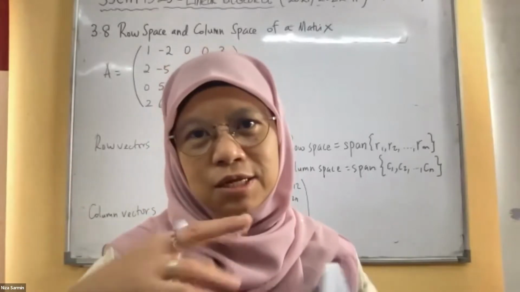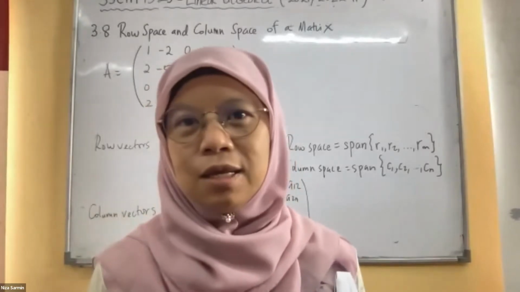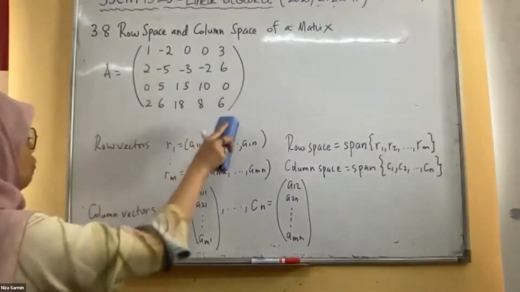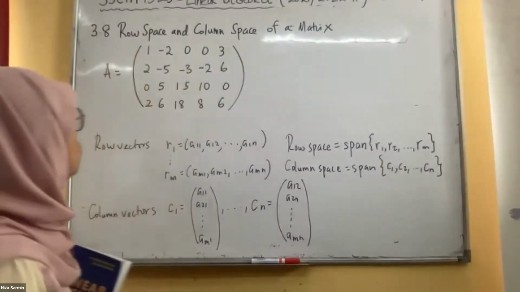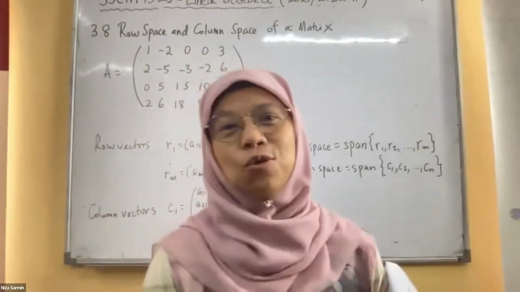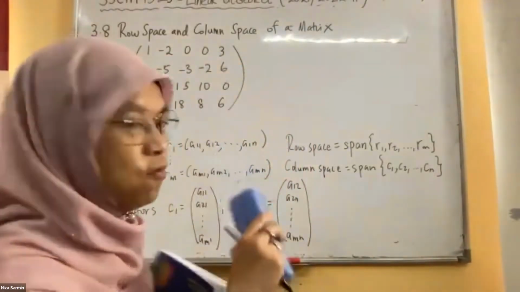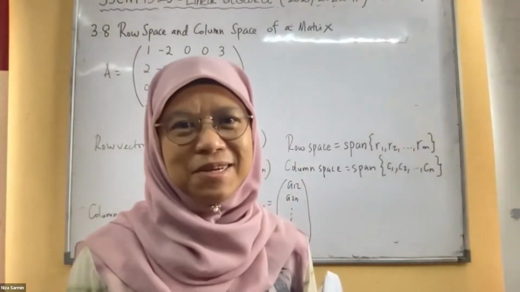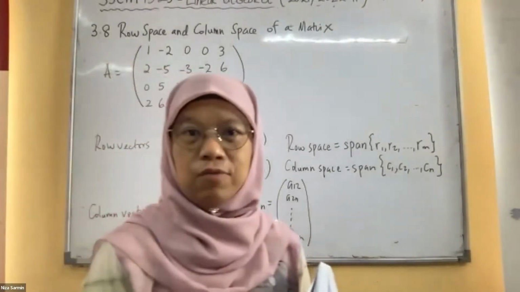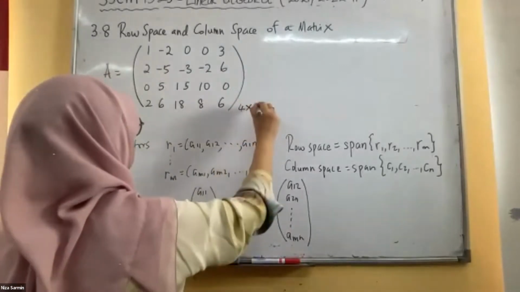It's very similar, just changed into putting it as a matrix and then taking it as rows or columns. So the row vectors are 4 vectors and the column vectors will be 5 vectors. This can be changed to the previous section's question in which your S has 4 vectors, find span S, or the set S has 5 vectors and find span S. So this is 4 by 5.